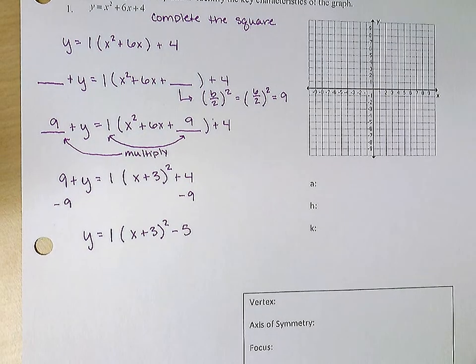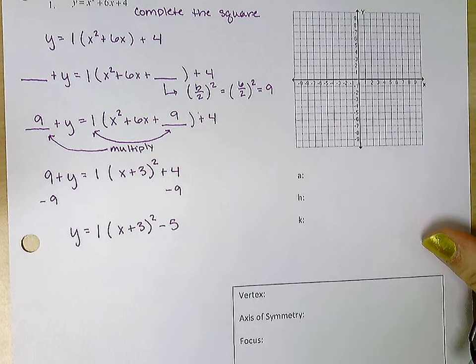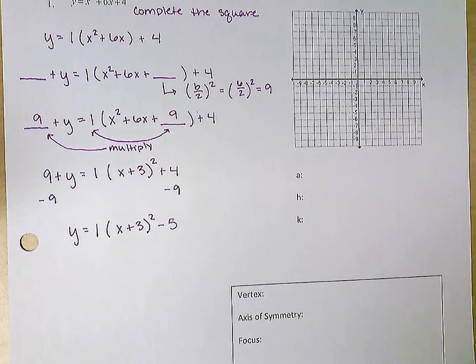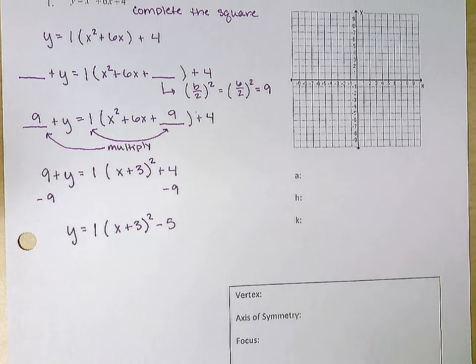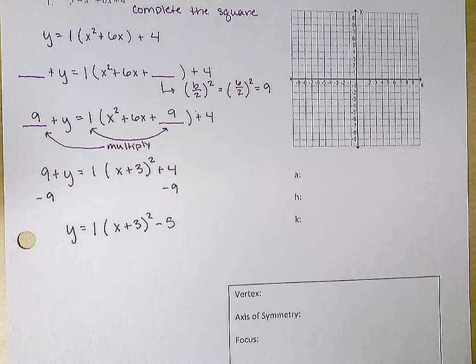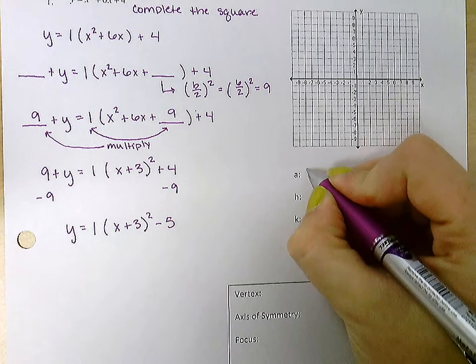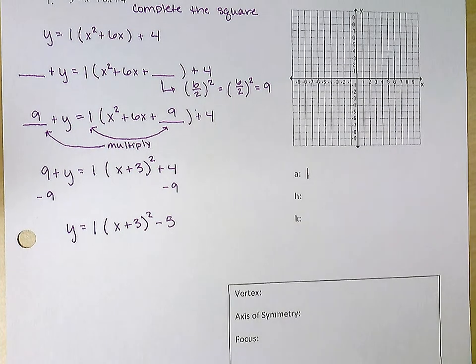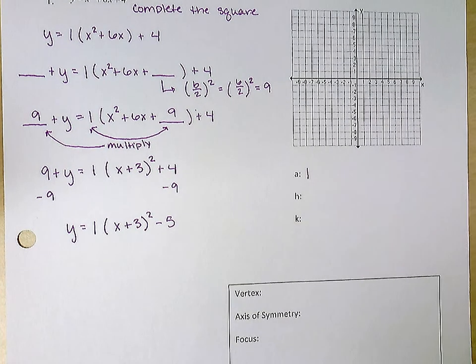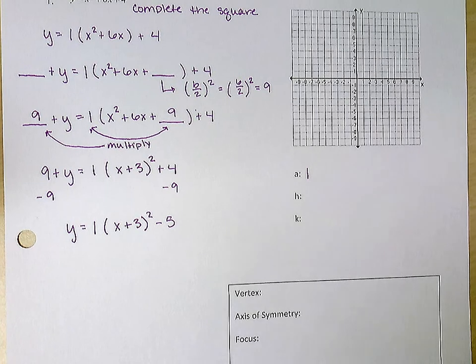Okay, and from here, we're doing the same thing we did yesterday. So use your standard form to find a, h, and k, and then use that to find your characteristics. So a in this case is just 1. So we have no stretch, no reflection, because it is just 1.